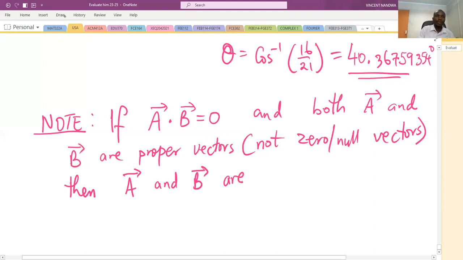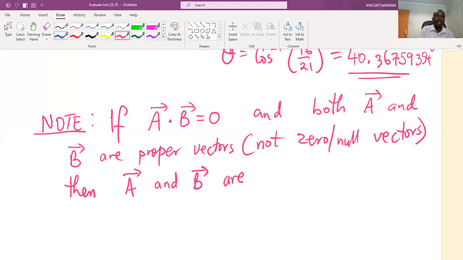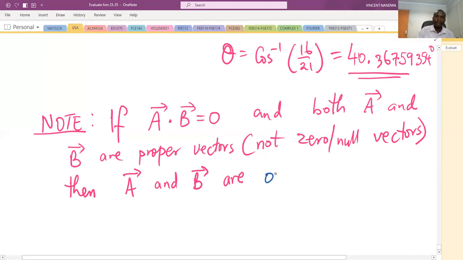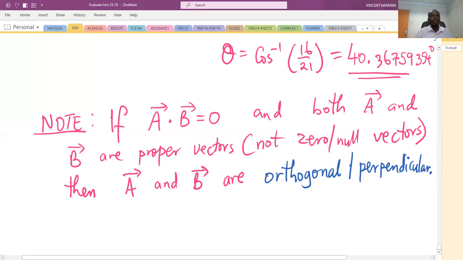So orthogonal means they are perpendicular, or the angle between the two vectors is 90 degrees. Orthogonal is the same as perpendicular. So when you get the dot product of two vectors which are not zero vectors as zero, then those vectors must be orthogonal or perpendicular, or the angle between the two vectors is 90 degrees.